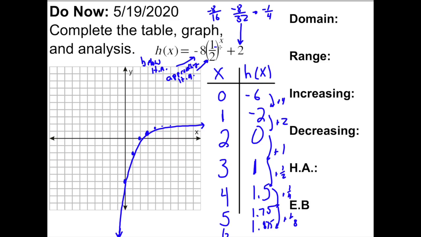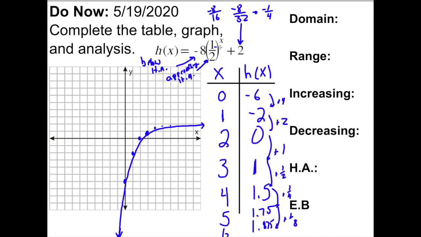Let me give you an example. If x was +10, then it would be -8 over 1024, and what that is is -0.007. So when you add the 2, when x is equal to 10, you get 1.99.